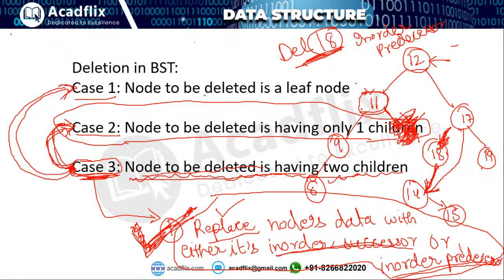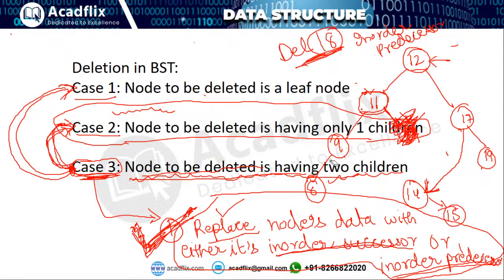So 18's parent, which was 17, its pointer will point to 18's child, which is 14. Now I can simply delete 18. I'm just following the steps I told you for deleting a node with only one child. After this deletion, this is how my tree will look.